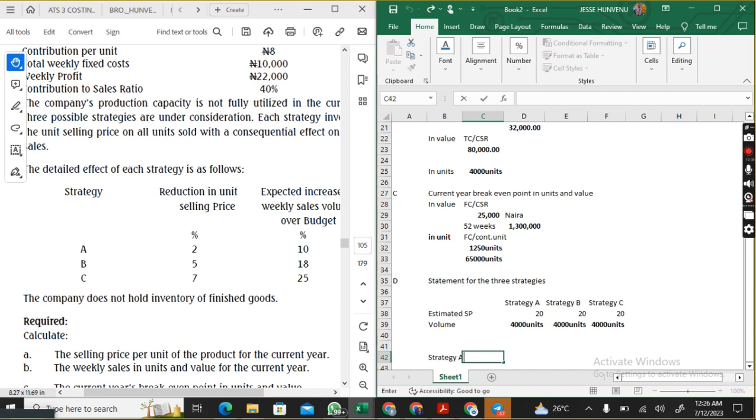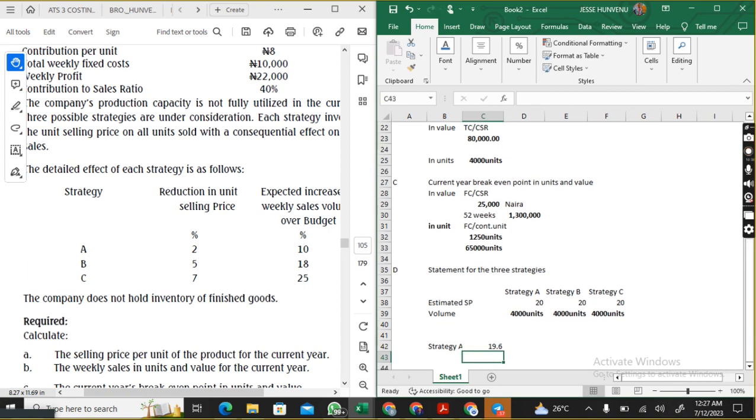So that means we have 20 multiplied by 1 minus 0.02, which gives 19.6. That is the new selling price.